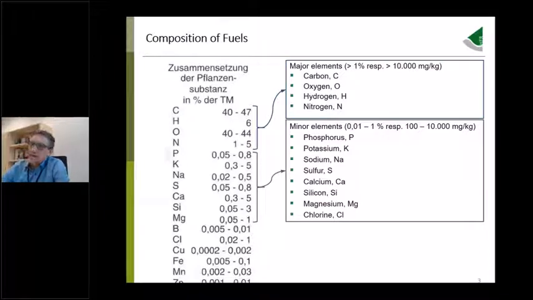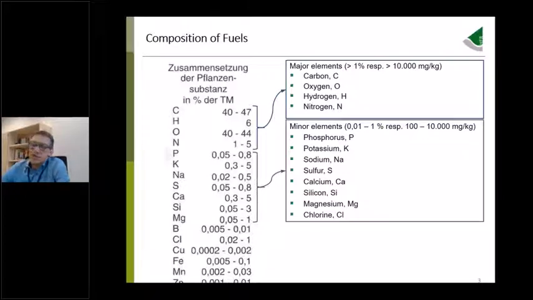We have so-called minor elements with lower concentrations. Those minor elements are, on the one hand, nutrients, so the plant takes them up because it needs them to grow. So we usually find them in high concentrations in bark, leaves, or needles, compared to the solid wood.